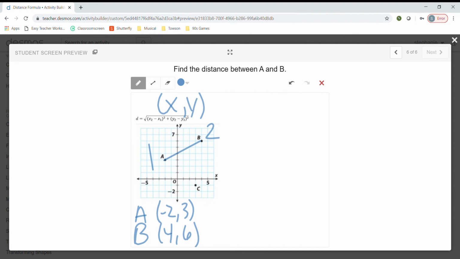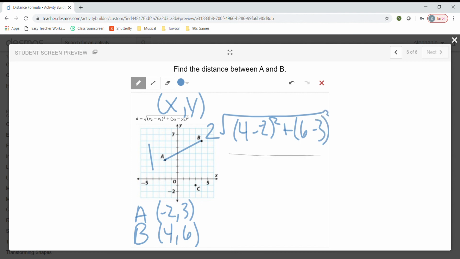All right, so here's my distance formula. We're using x2 minus x1. So x2, we said B was going to be point 2, so I'm going to have 4 minus a negative 2 plus, then my y coordinates. So because I started with 4, which is point B, I have to use 6 minus 3 and square that.